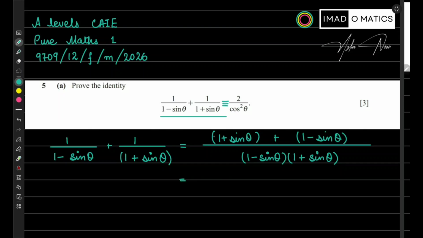Now this will be 1 plus 1, 2, and sine theta and minus sine theta will cancel out, so we are just left with 2 in the numerator.